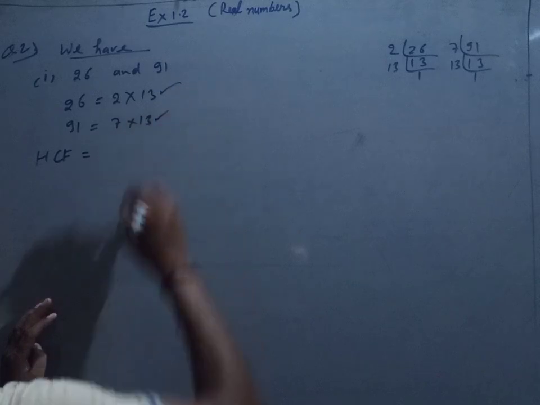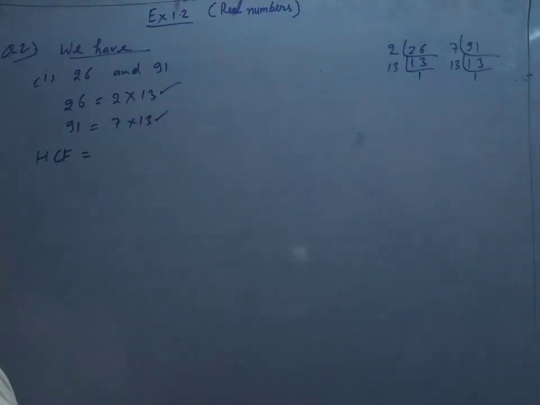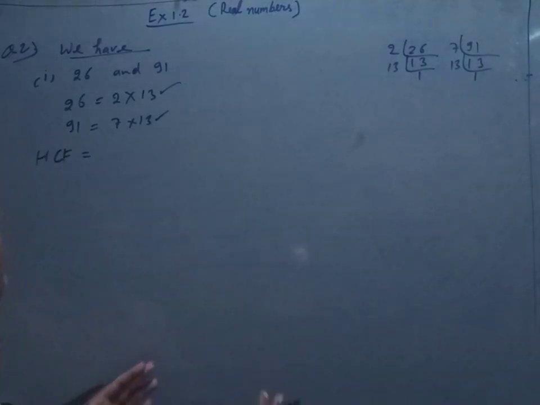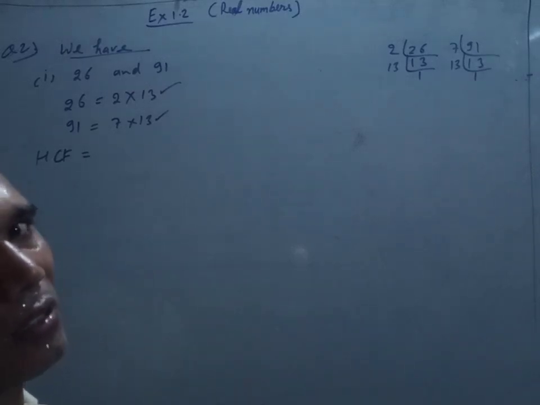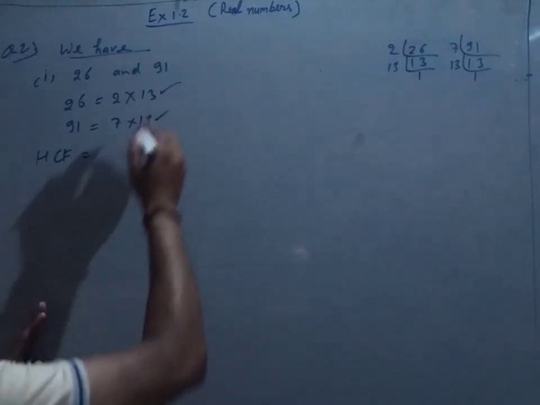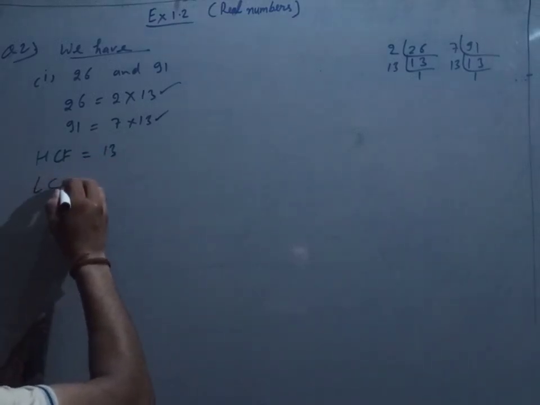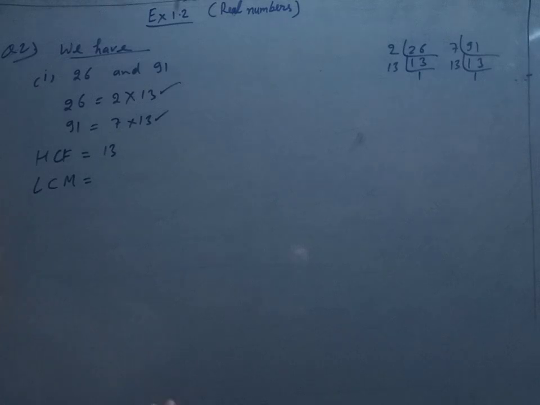Here 13 is the common prime factor, so 13 is the HCF. Students, the product of the common factors is called HCF, highest common factor. Here 13 is the HCF.